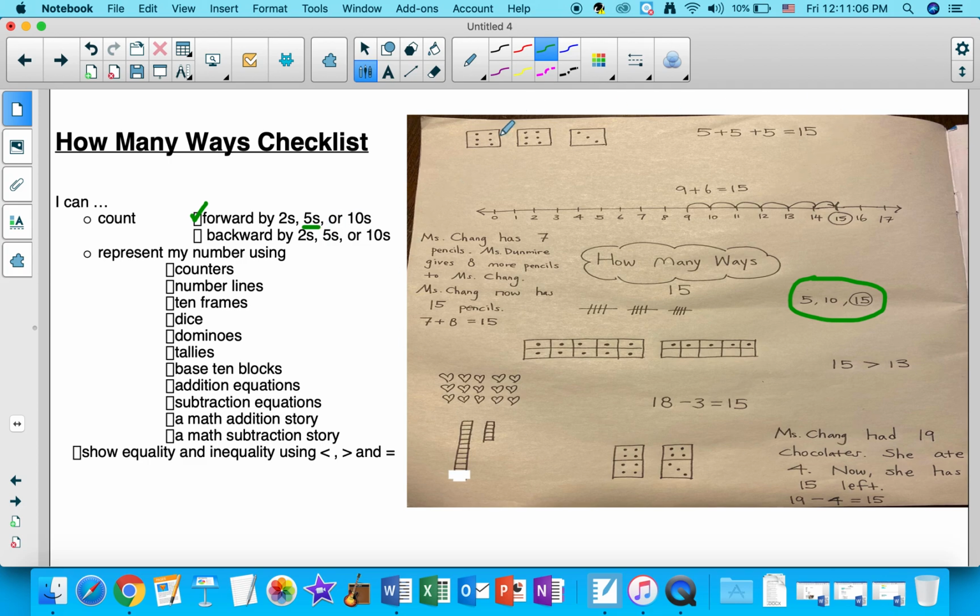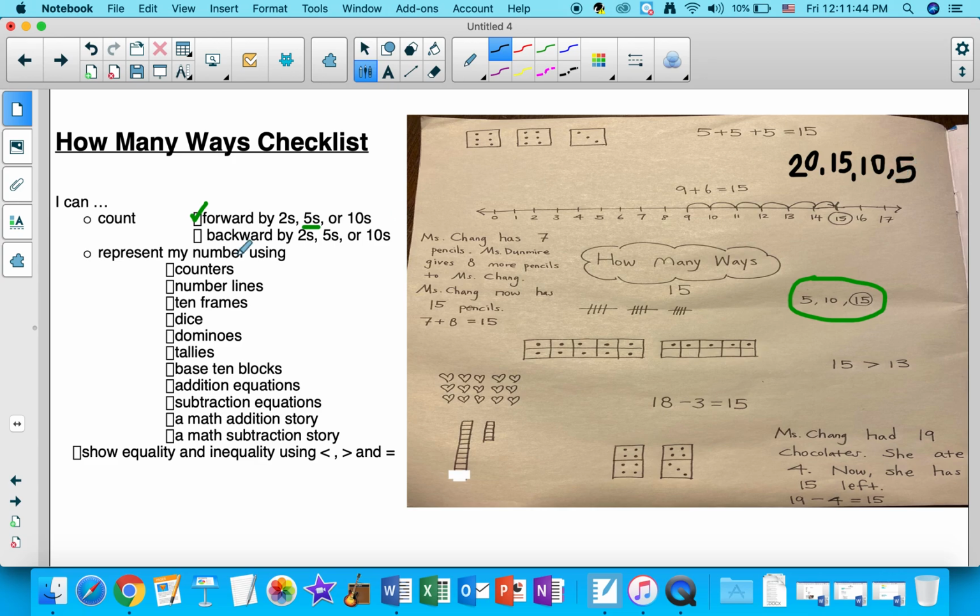In this example, I didn't count backwards by 2s, 5s, or 10s, but I could quickly do that just to show you an example of what that might look like. So I'm going to start at 20. So 20, 15, comma, 10, comma, 5.